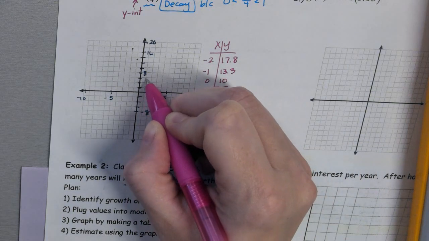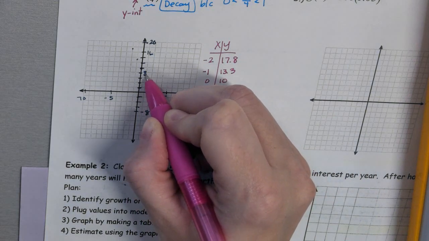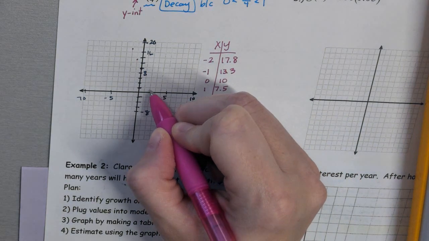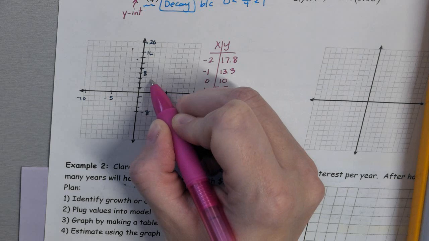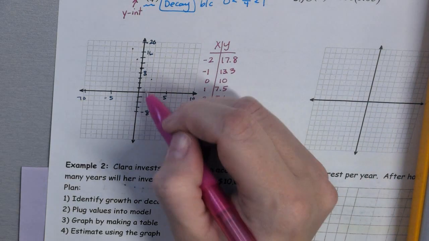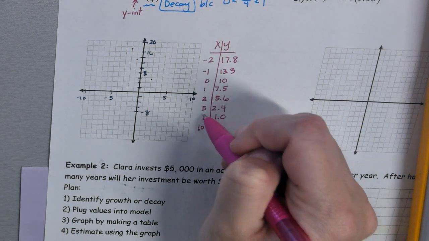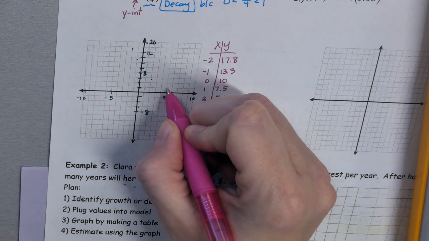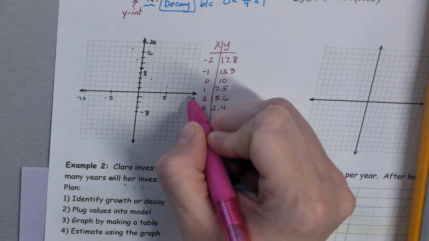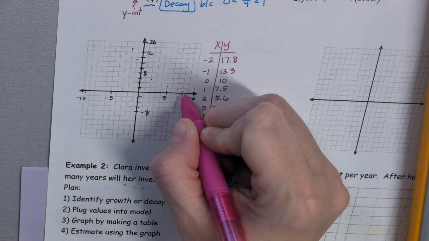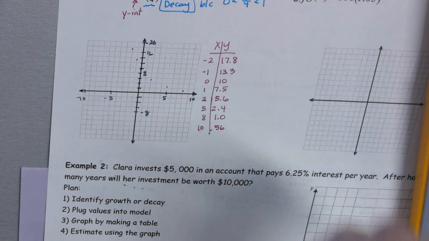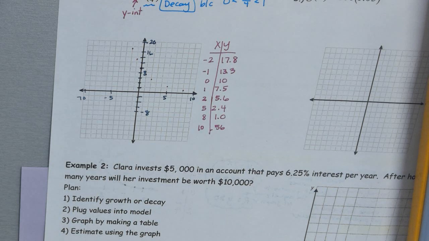At 1, I'm at 7.5. At 2, I'm at 5.6, so 2, 4, 5.6. You can see these are very close together. That's why I can skip a few and say, okay, this is going to be 2.4. At 8, I'm at 1.0. At 10, I'm at 0.56, which is really close to that x-axis.